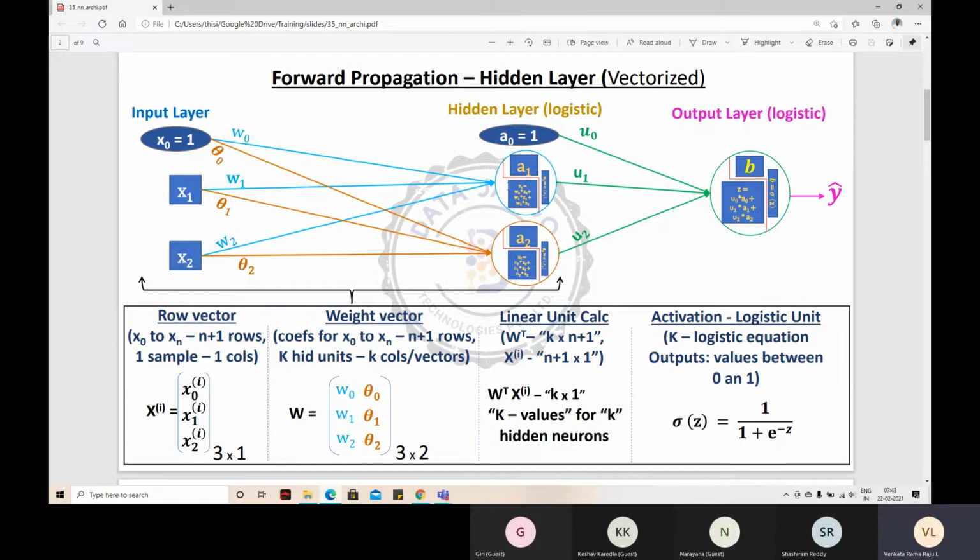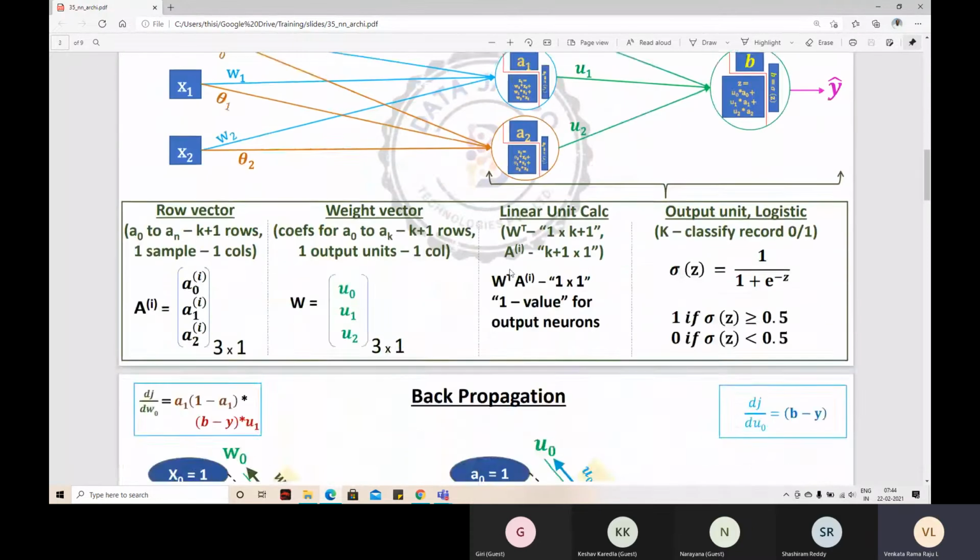For each, this is the Lth layer and this is the L plus 1th layer. For each L plus 1th layer, there will be one set of distinct weights. So that point you need to remember, and all that calculation will happen in a single shot.